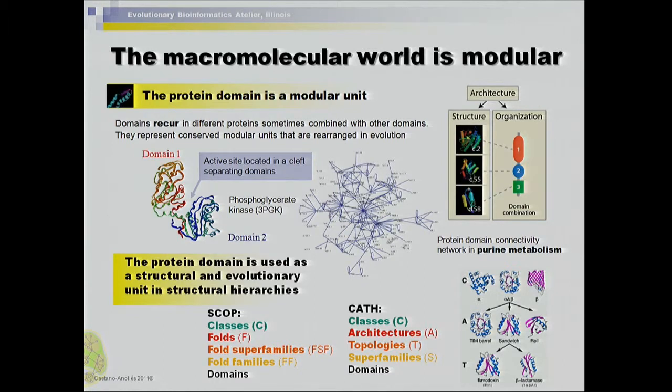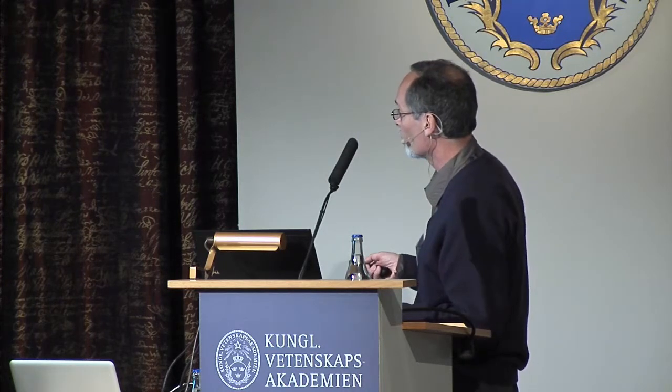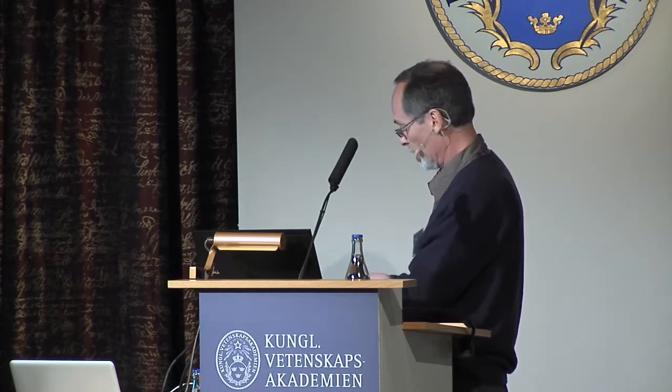Other classifications like CATH have alternative classifications of the protein world that allow you to fine-grain this complexity in a better way. And here you have the idea behind this classification.